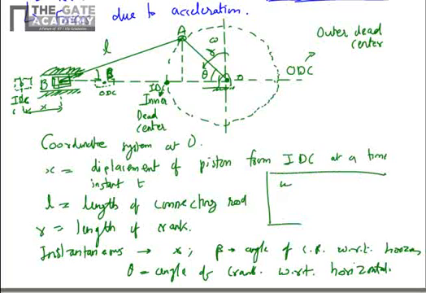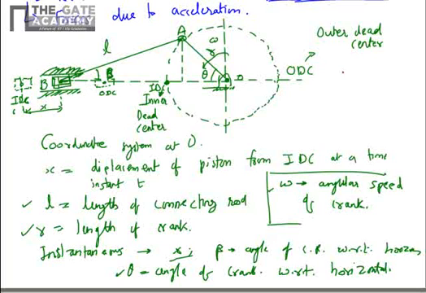The velocity parameter provided is omega, that is angular speed of crank. So our task is that with the help of the known parameters, that is L, R and omega, and at a particular instance the theta, the angle of the crankshaft, we have to determine x and beta and the velocity of the piston.